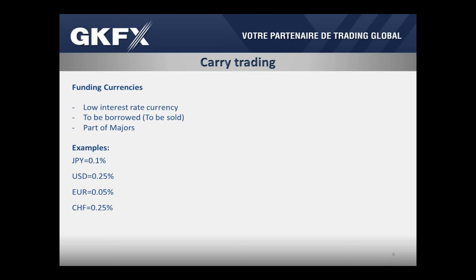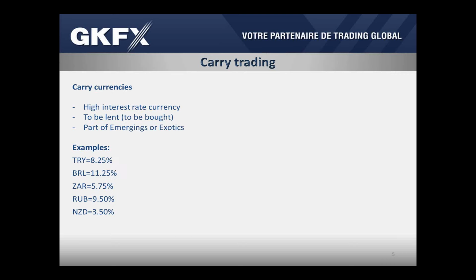Those are the funding currencies. The other category, carry currencies, are high interest rate currencies to be lent, so to be bought, and usually are part of emerging and exotic currencies. Some examples: the Turkish lira, the Brazilian real, the rand, the ruble, and the New Zealand dollar.